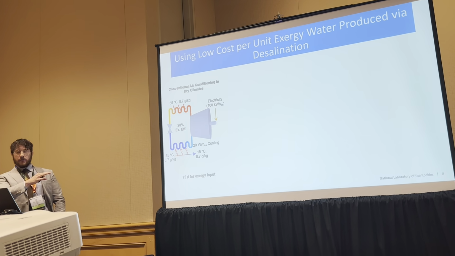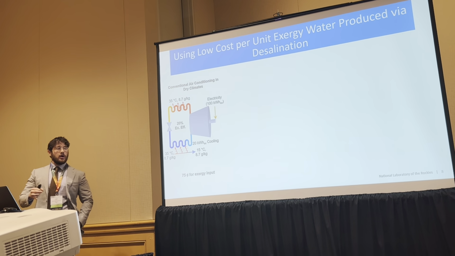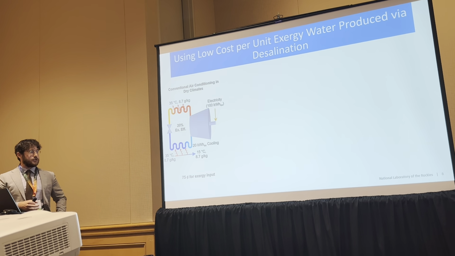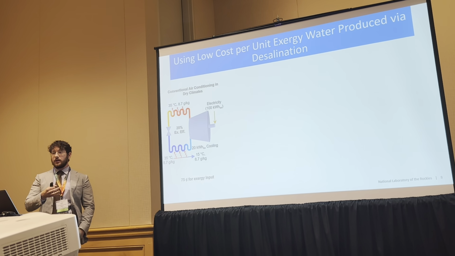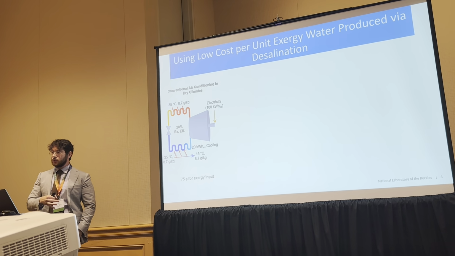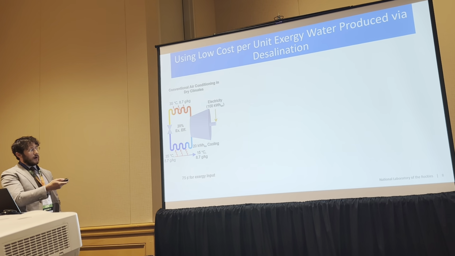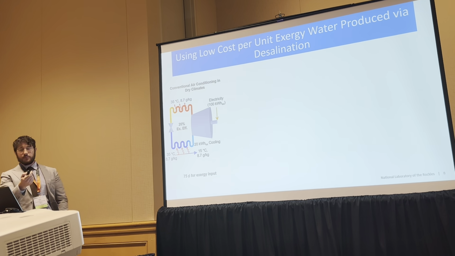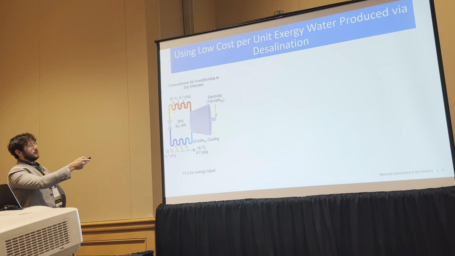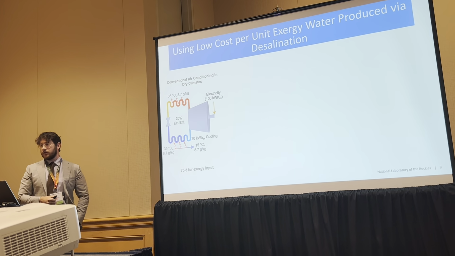So I want to compare a few different systems here and show you, using this exergetic framework, why so many data centers in particular like to use water for cooling. So right here, I've modeled just a simple vapor compression cycle that is dry cooled, so it's an air-cooled condenser.